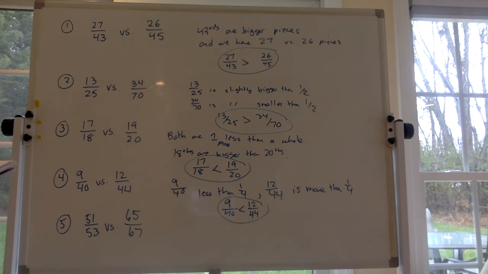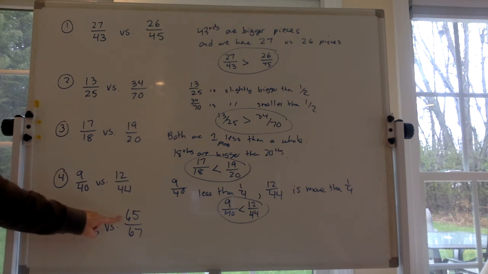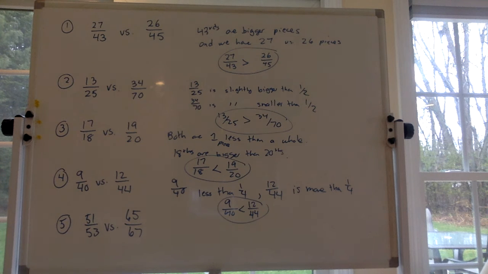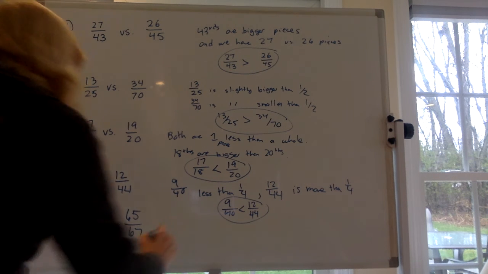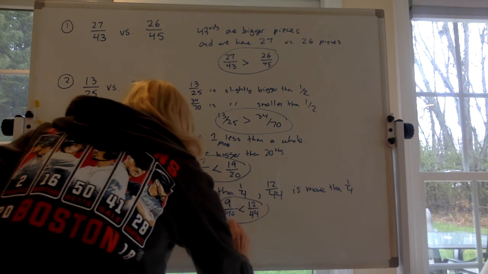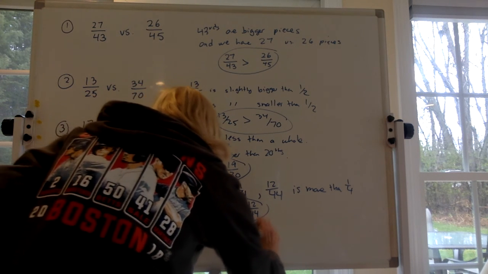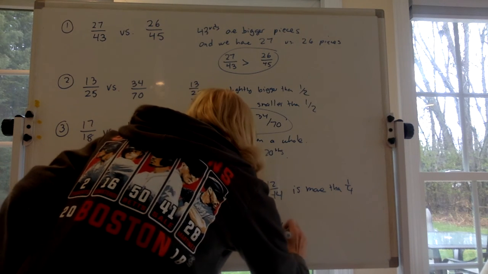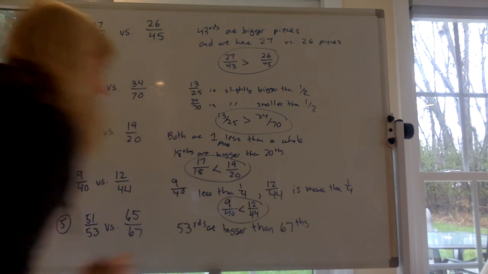How about the last one? 51 over 53 versus 65 over 67. Similar to number 3, but in this case, you're 2 pieces shy of a whole. So which are bigger pieces? 53rds are bigger than 67ths, right?